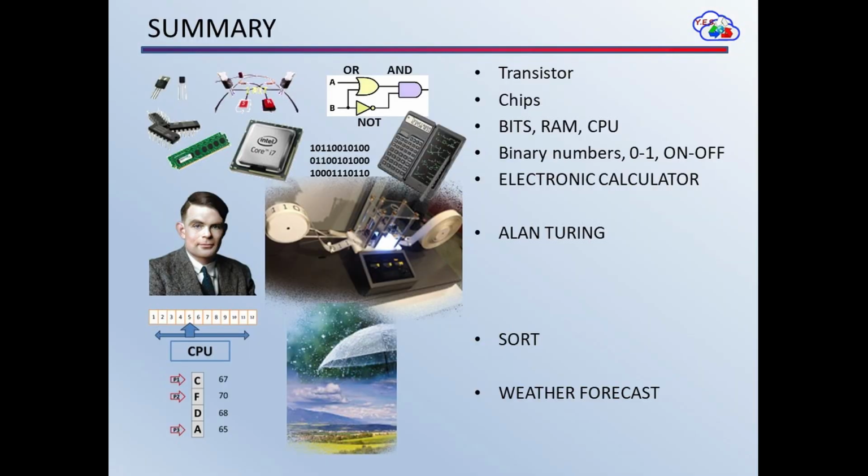Let's summarize the main points we addressed. The transistor, the integrated circuits, the bits, the RAM, the numbers and the binary math, the operation of an electronic calculator. Then we also talked about logic circuits, AND, OR, NOT, Alan Turing's machine, and finally the computer.